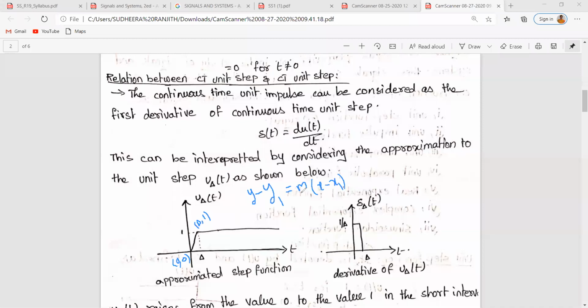What is the slope of a line with 2 points? y2 minus y1 by x2 minus x1, isn't it? So y minus y1 is equal to y2 minus y1 by x2 minus x1 into x minus x1.